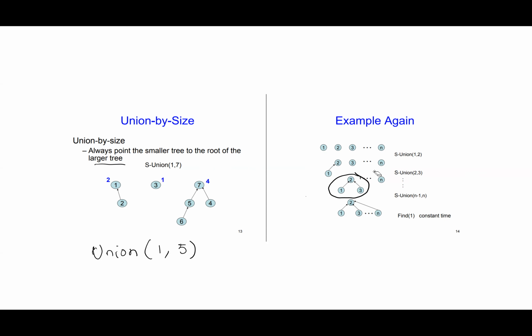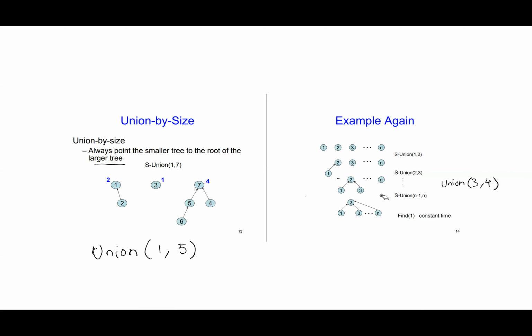And then we are going to do union of, say, 3, 4, right? If I do union of 3, 4, 4 is going to be here. So you see the size of this tree with the 3 is 3 and this size is 1. That means 4 will now point to the larger tree.